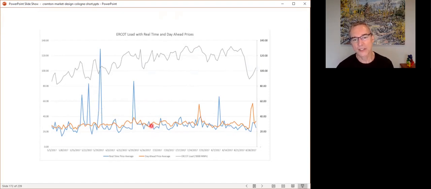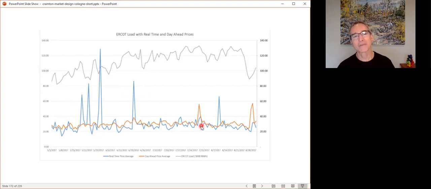And so this is the motivation for the participants to do most of their trading either before day ahead or at day ahead. And the real-time market, although all the resources are participating in real time, and that's where physical dispatch occurs, there's very little volume that's actually trading at those prices.